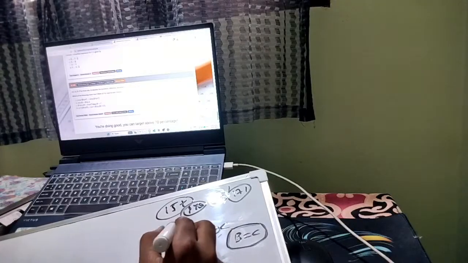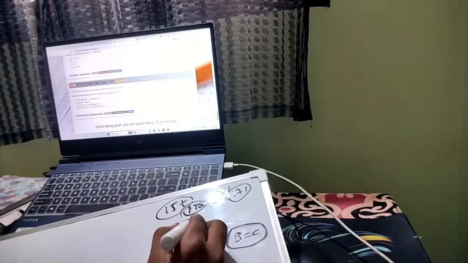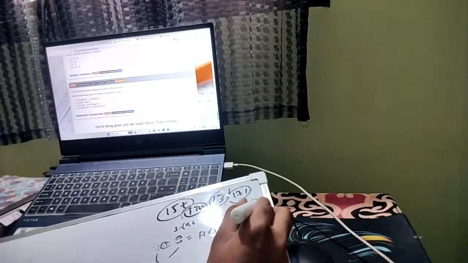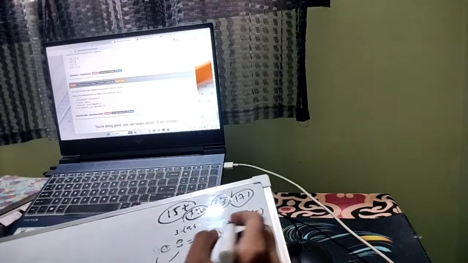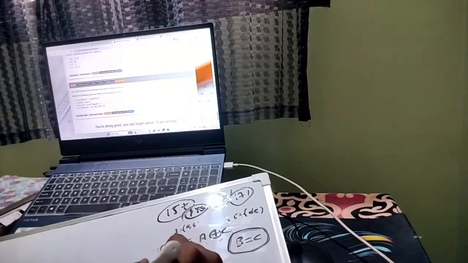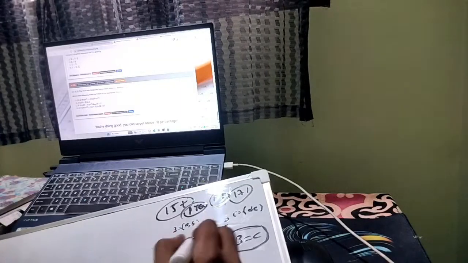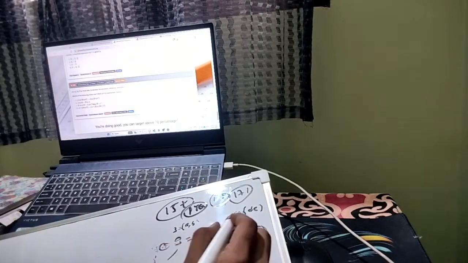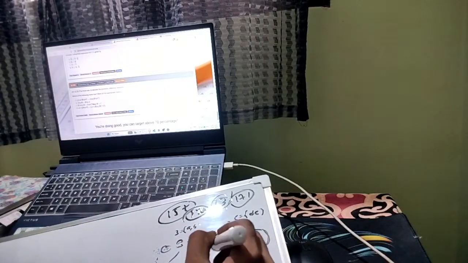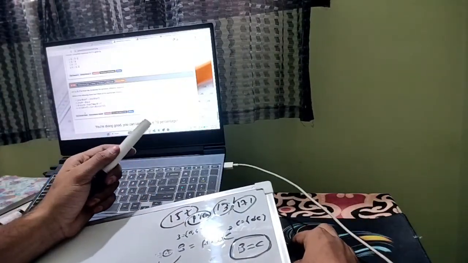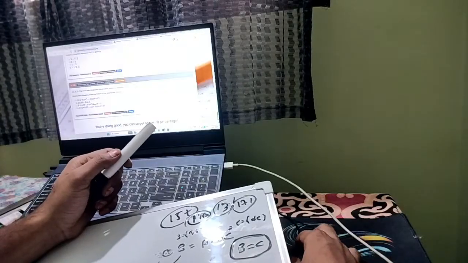Like if B equals small a, small b, and C equals D, E, so B is not equal to C. Then if A equals only F, this term will become F, A, B, and this will become F, D, C. So by contradiction, you can say this is true. This is one property, and this is also true.